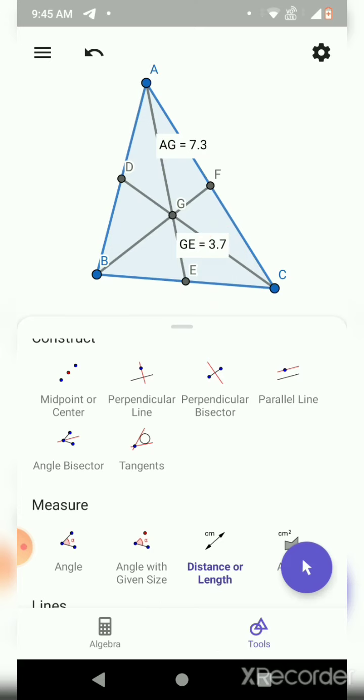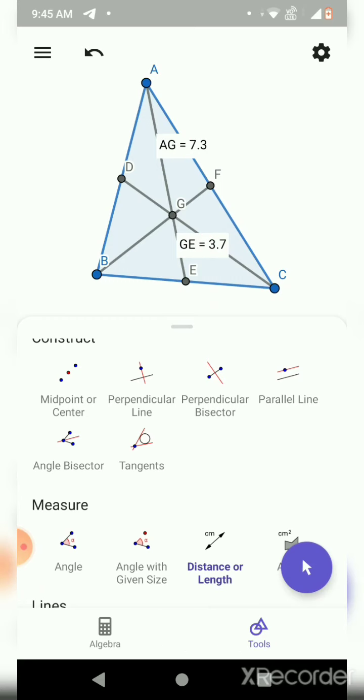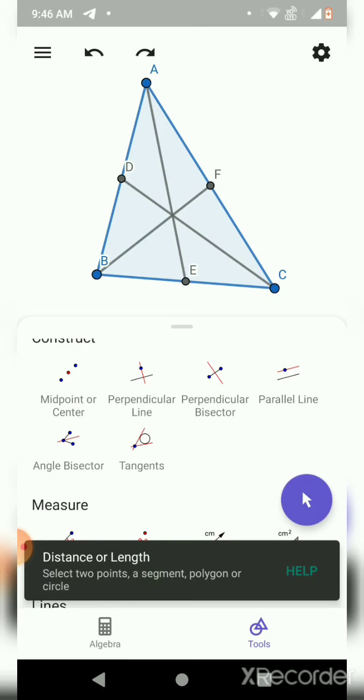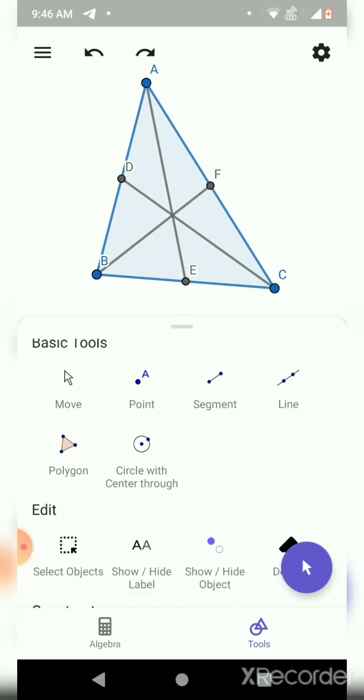So if we observe it, the length of AG is approximately twice the length of GE. Okay, let's go to the next median. Now I will measure the distance of F. Let's first mark the point of concurrence.